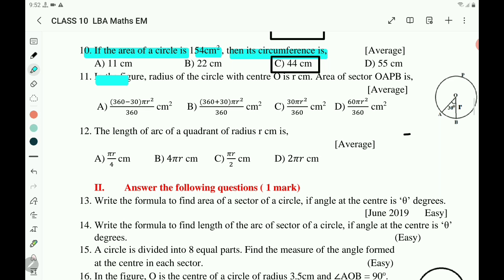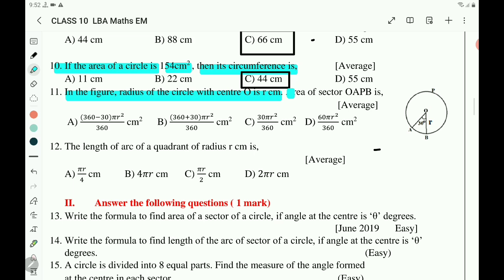Then in the figure, the radius of the circle with center O is r centimeter. Area of the sector OAPB. Here area of the sector OAPB means this one. For this, what is the angle? The angle given here is 30 degrees. For this, the angle must be this much, that is 360 minus 30 degrees.